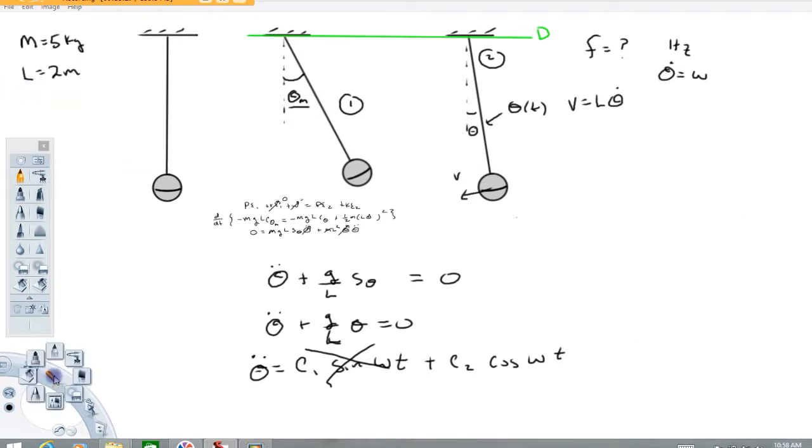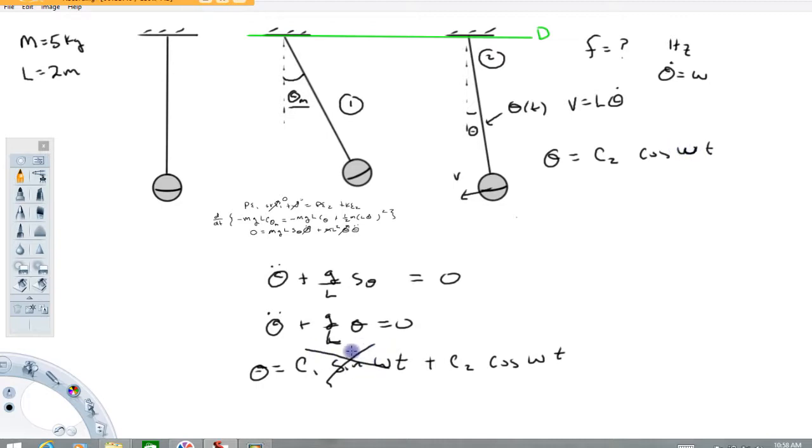To get the frequency, you need this guy. Whoops, I see a little mistake here. This is supposed to be just theta equals my solution, not theta double dot equals. So I'm going to start with theta equals C2 cosine omega t.